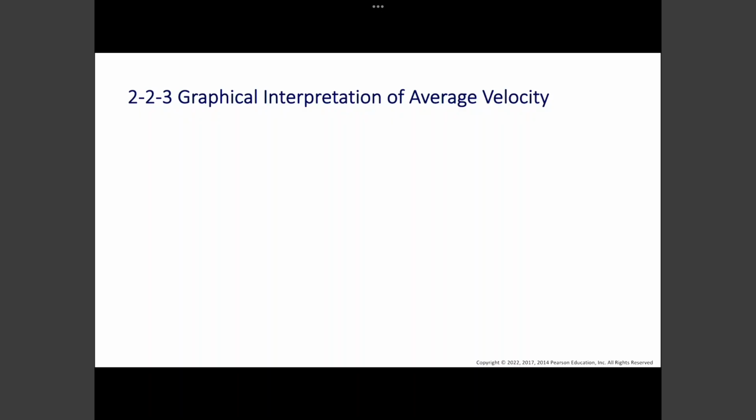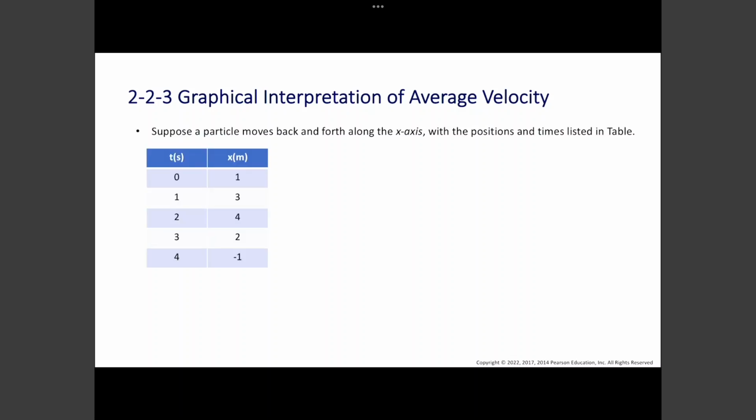It is often useful to visualize a particle motion by sketching its position as a function of time. For example, suppose a particle moves back and forth along the x-axis with the position and time listed in this table.